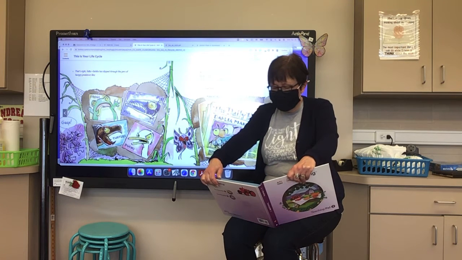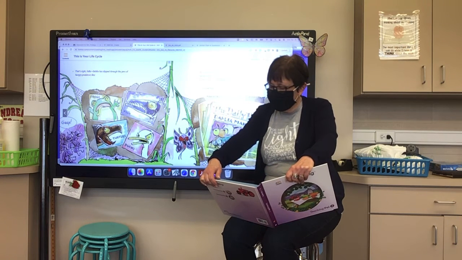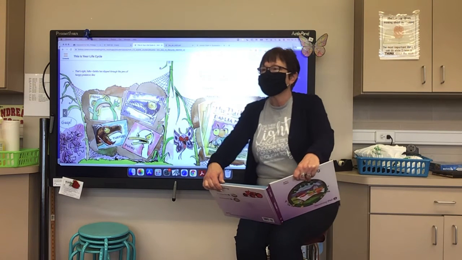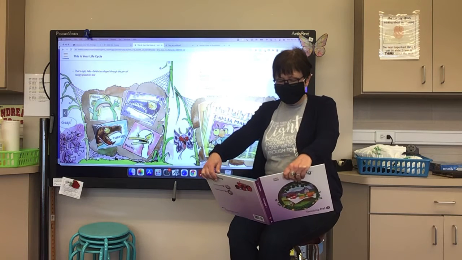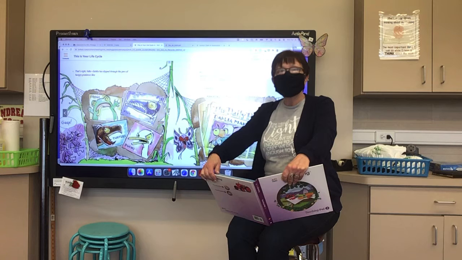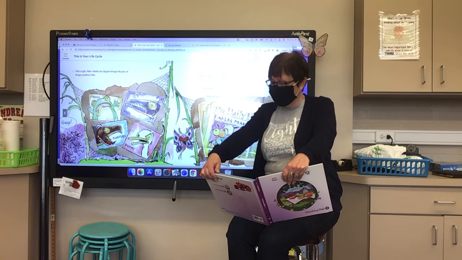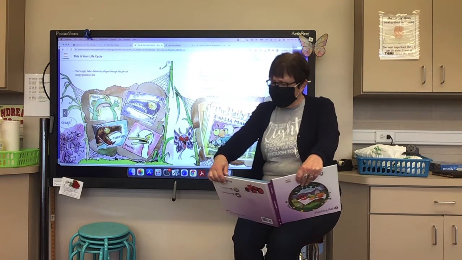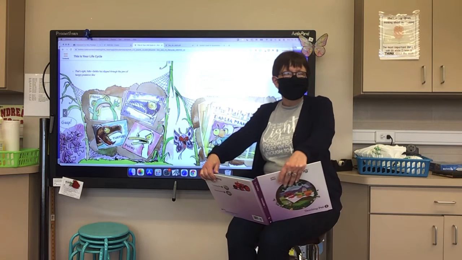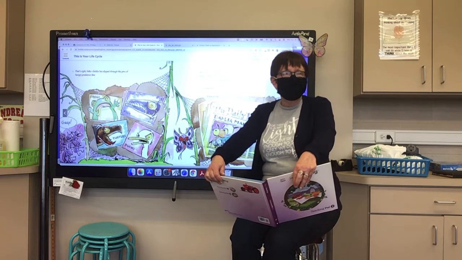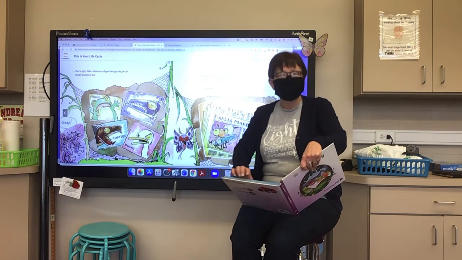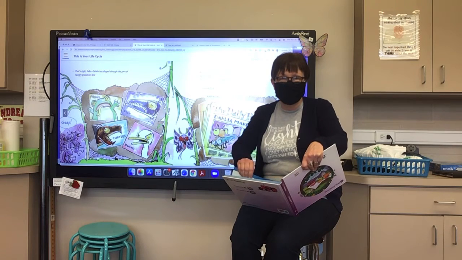In the text evidence, because it says... Yes, the text evidence is one tough little nymph. Very good. What does Dahlia do that shows she too is a predator? Anastasia? She catches a tadpole. She catches a tadpole. Very good.